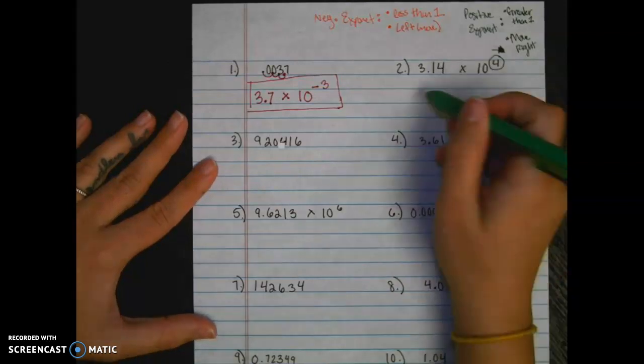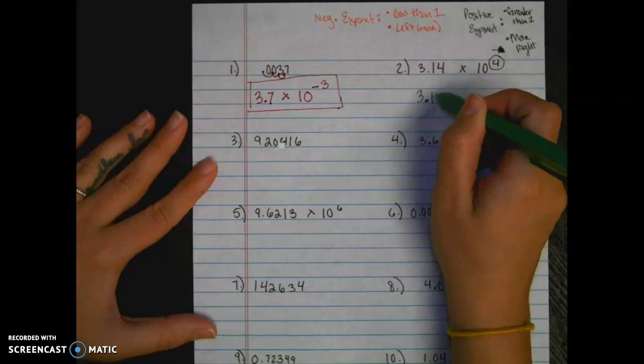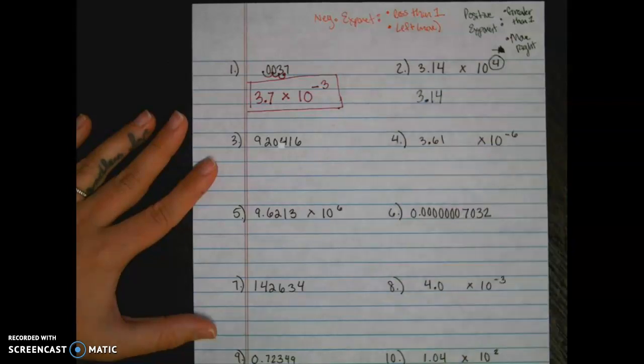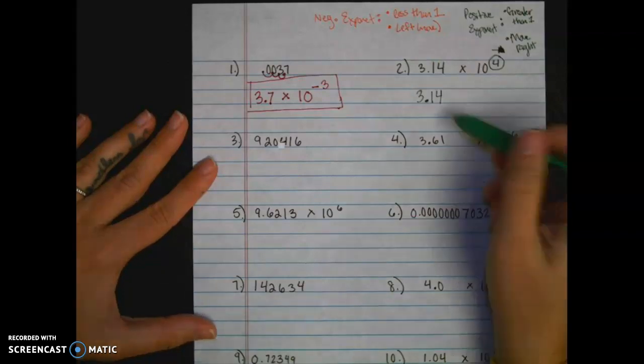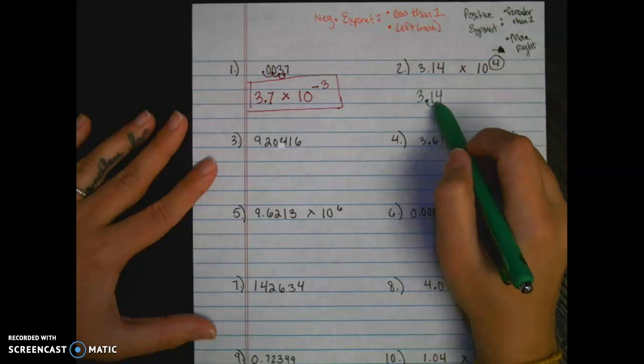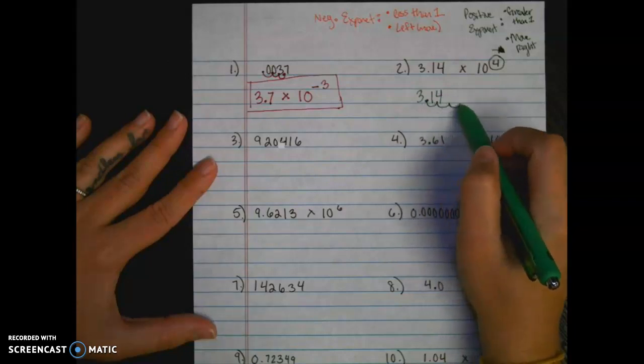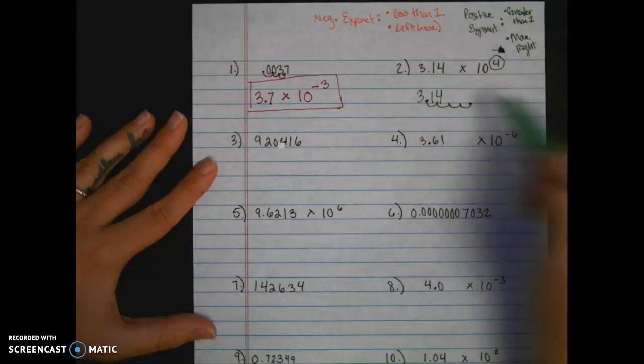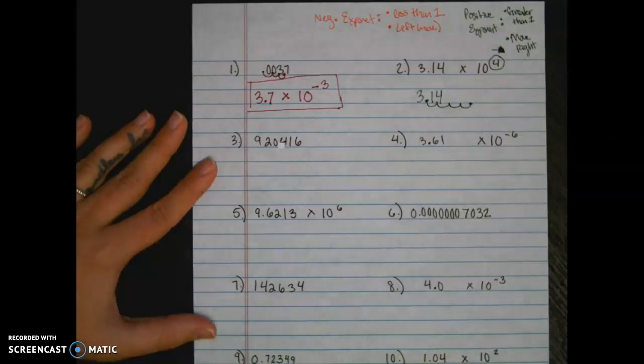So I'm going to rewrite my number down here, because I need to move 4 loops. So, let's see. 1, 2, 3, 4. What goes in these spots right here?